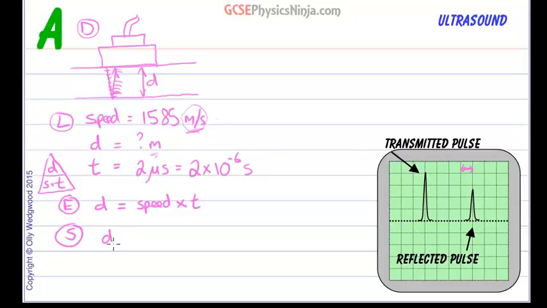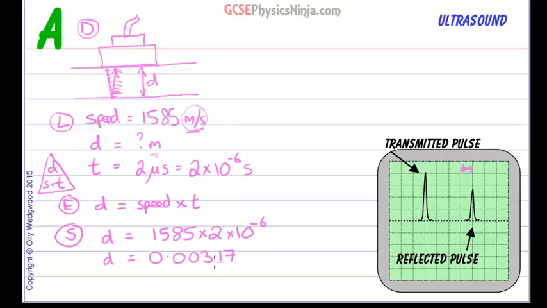So distance is equal to 1585 times 2 times 10 to the minus 6. And if we take a look at that, we find that we're going to get 0.00317.